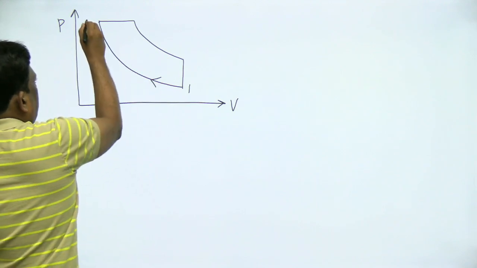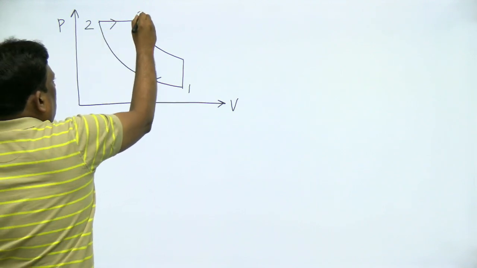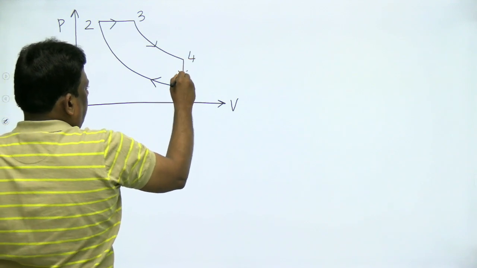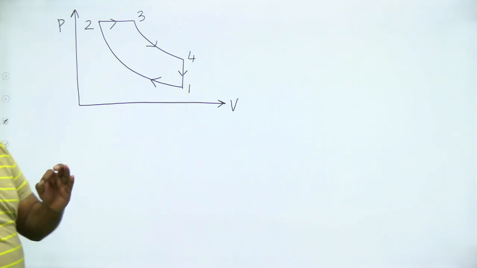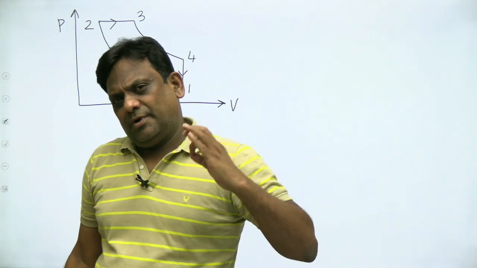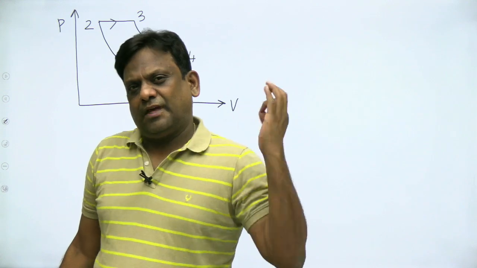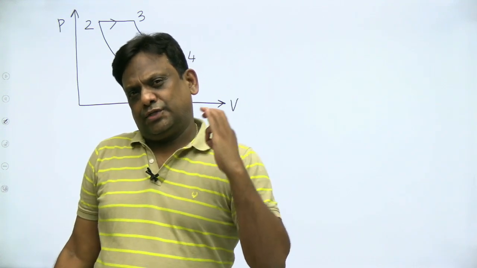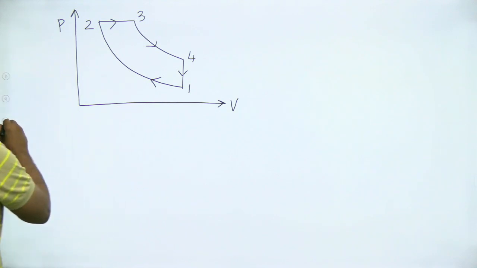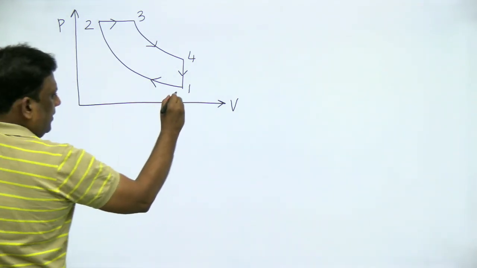It is a clockwise cycle, of course, a power producing cycle, clockwise on PV diagram. A cycle which is clockwise should also be clockwise on TS diagram because it has to satisfy the first law of thermodynamics, because sigma Q is equal to sigma W. Wonderful. Try to understand the points very clearly.